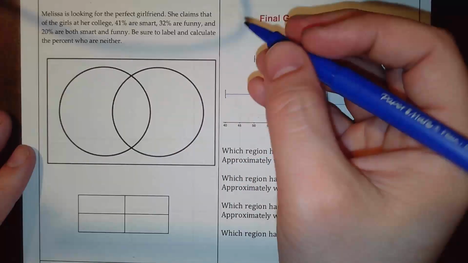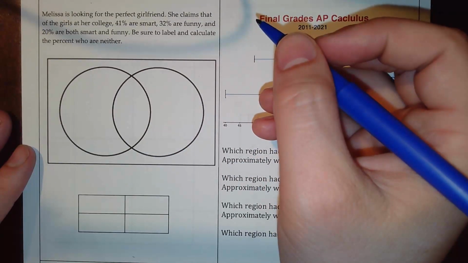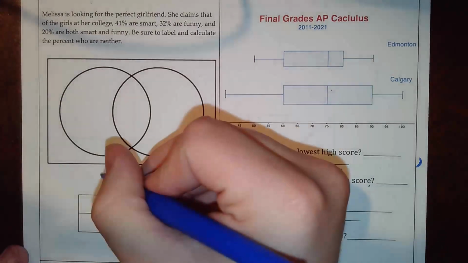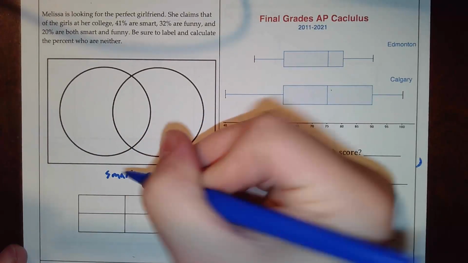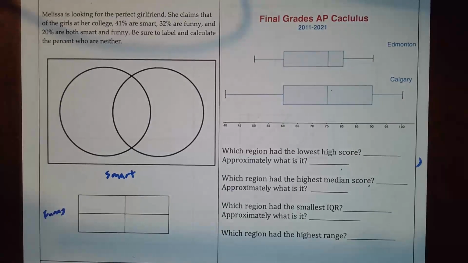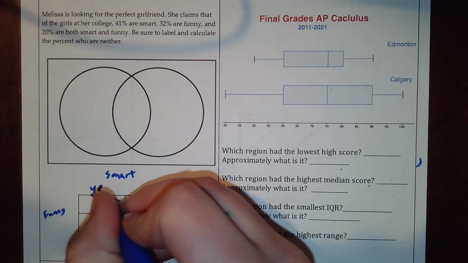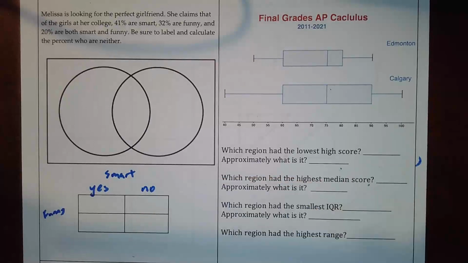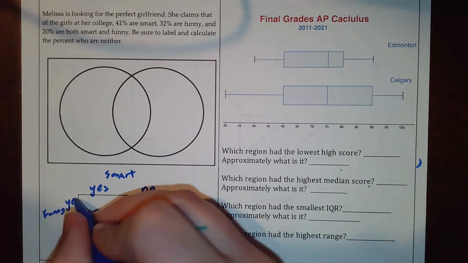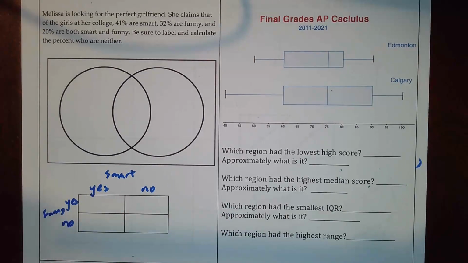We're going to be talking about whether they are smart or funny. So we just have to say whether they're yes to smart, no to smart, yes to funny, no to funny.